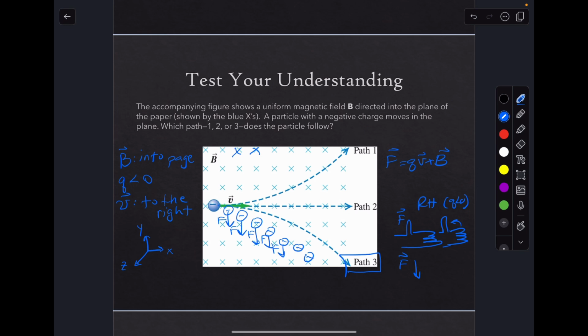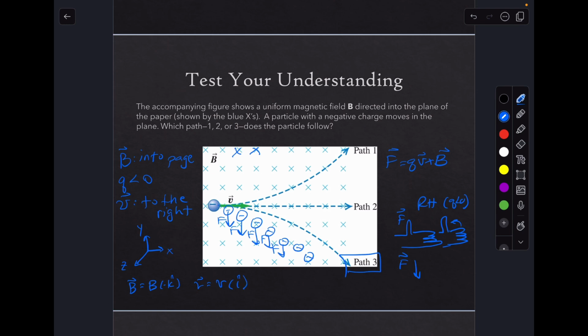If we translate this picture into X, Y, Z coordinates, into the page would be negative Z. So B would be in the negative Z direction, negative K hat. V would be in the positive X direction, right?